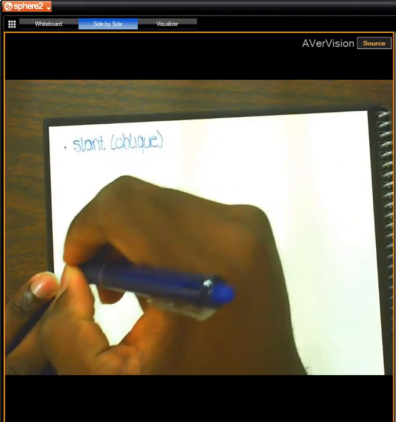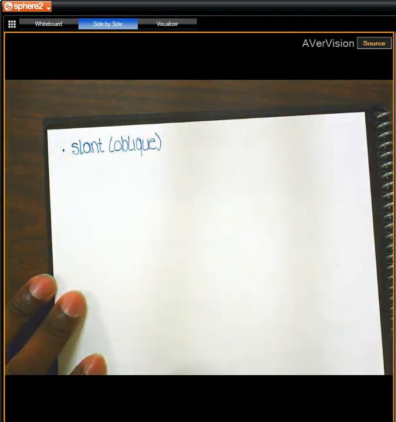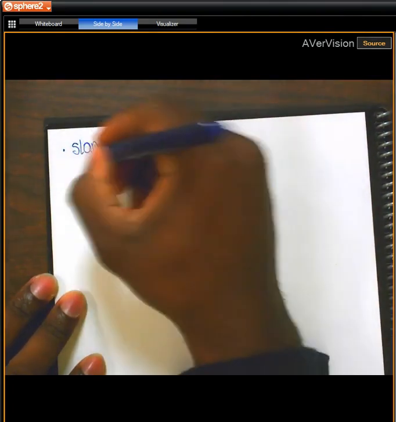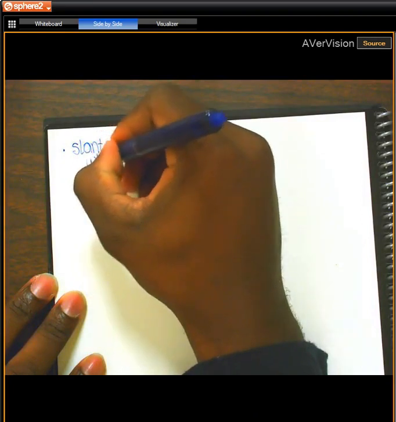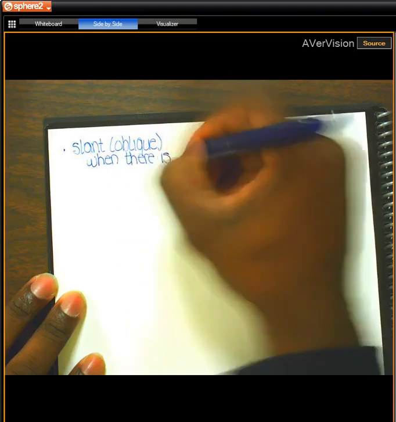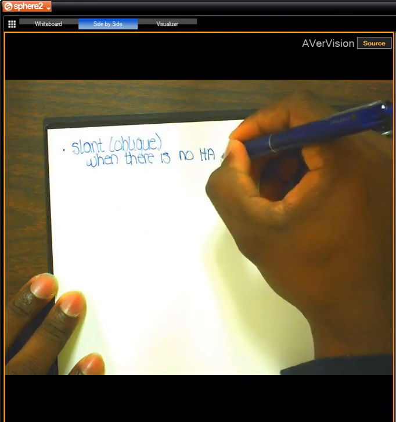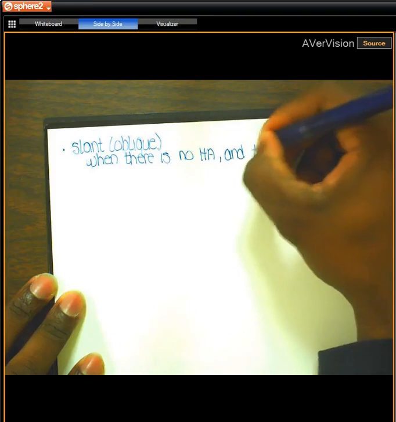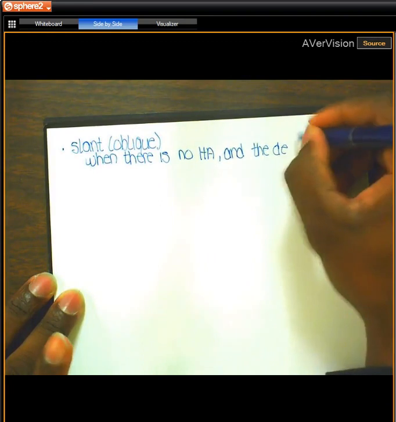So there are conditions for when we can have a slant asymptote. We have a slant asymptote first when there is no horizontal asymptote. And most importantly, the degree in the numerator is exactly 1 degree higher than the denominator.